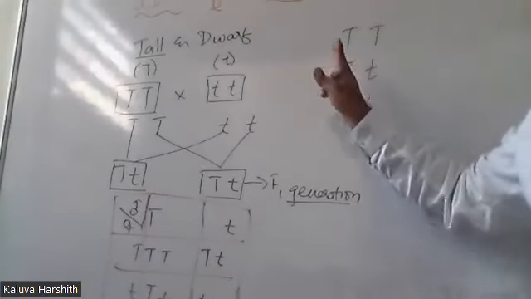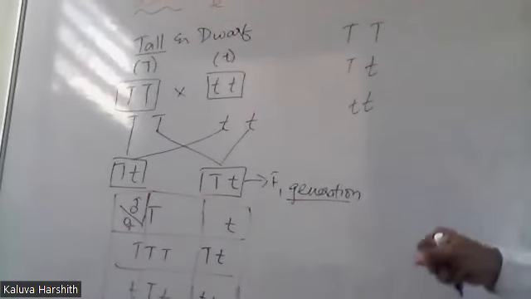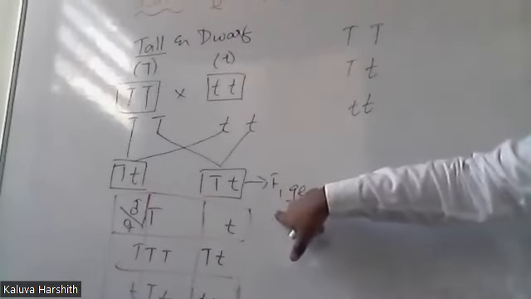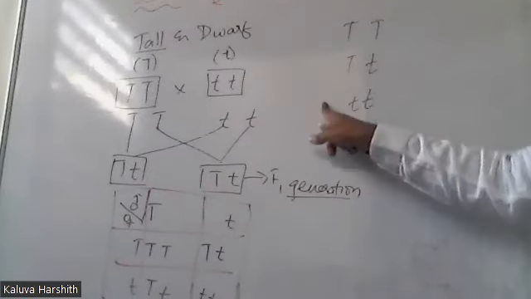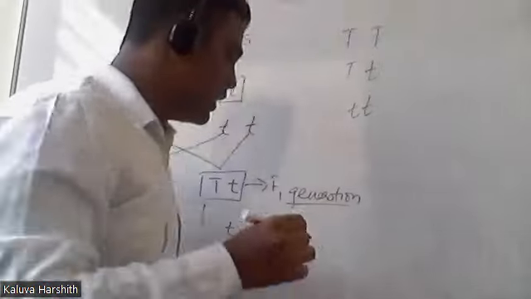So these are the three different characters that we have obtained when we crossed the F1 generation. And whatever you have obtained is nothing but the F2 generation.